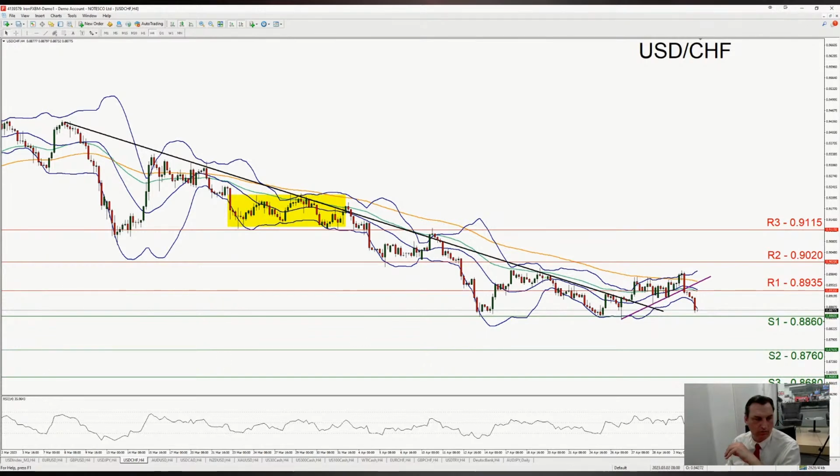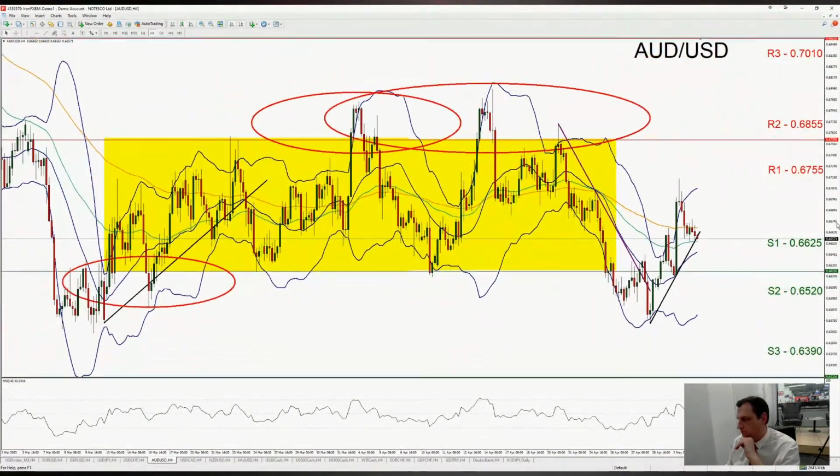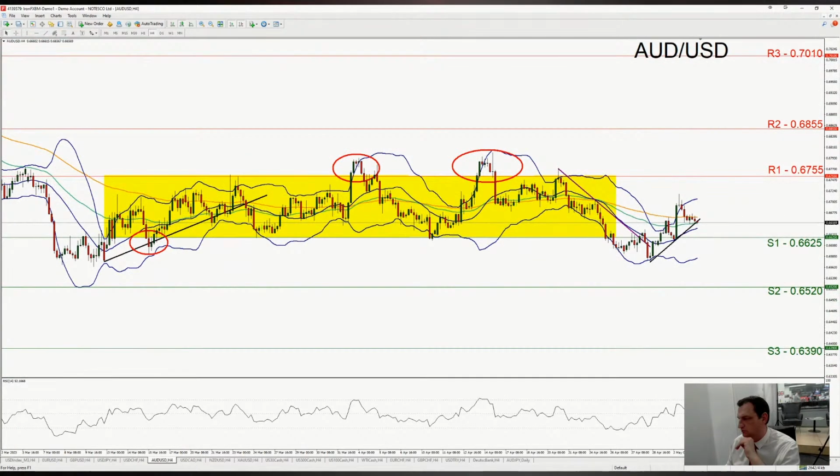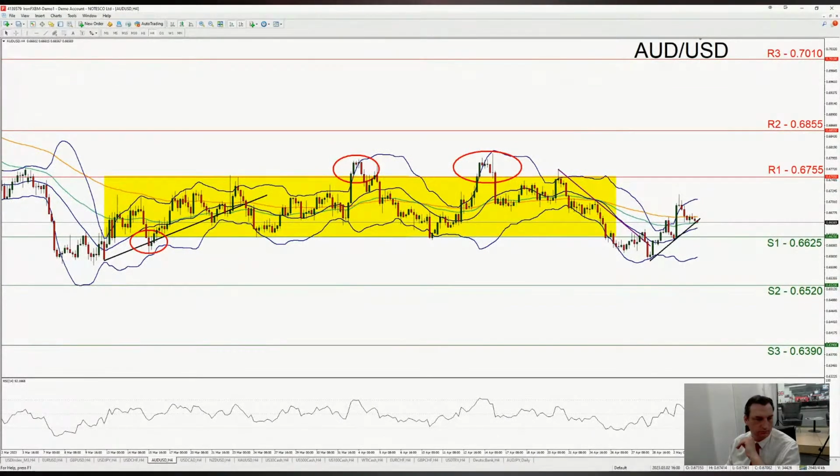Okay, let's have a look also at AUD. AUD USD on the rise.